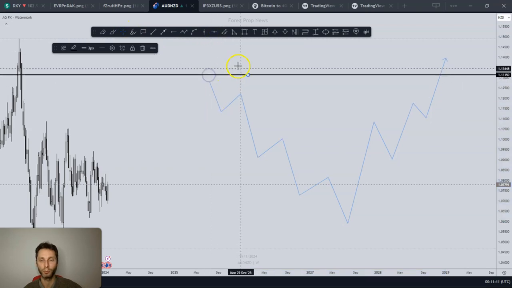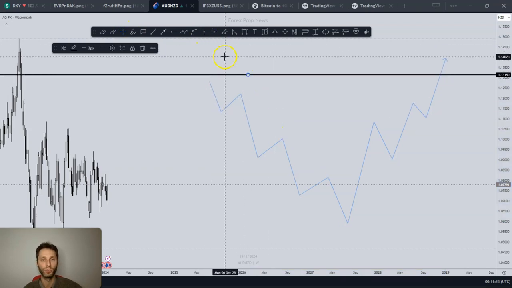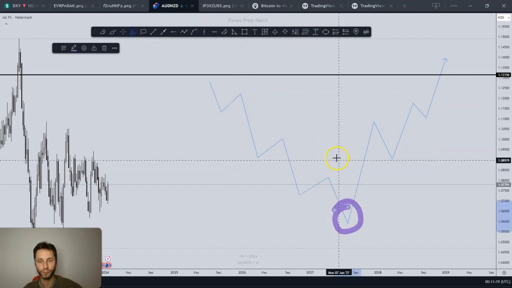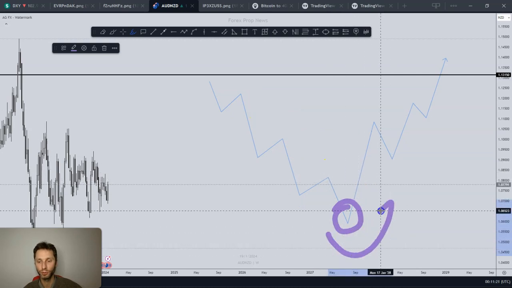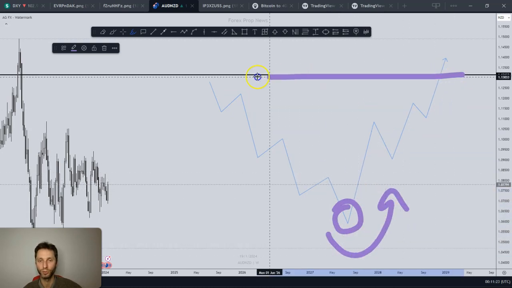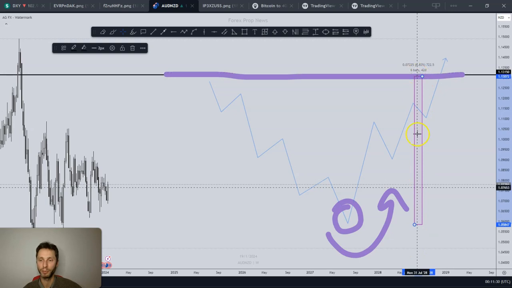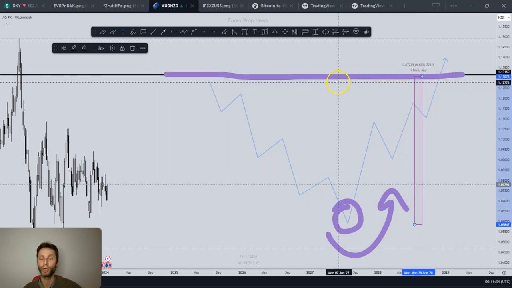You have your target point, and the point where you began. So you began here, we had the reversal, and now you're looking to target this level, which means between here and here you have a distance of however many pips, and we can capitalize on this move until we get to the overall target point, and then we exit.